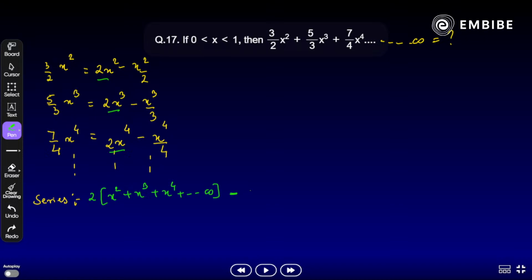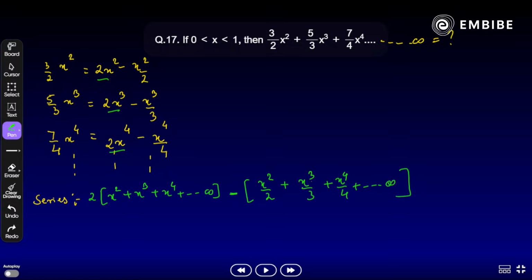Then the minus sign. Yes, if we take minus common, the whole thing inside will be positive: x square by 2 plus x raised to power 3 by 3 plus x raised to power 4 by 4 and so on up to the infinity here. Clear? Okay.